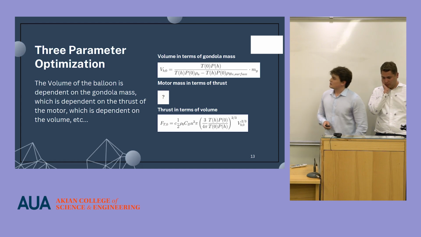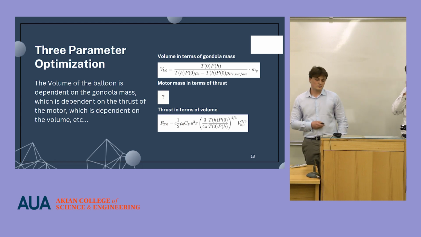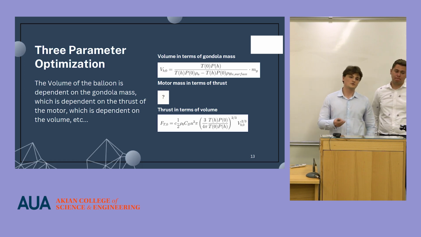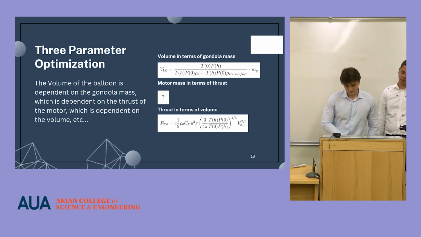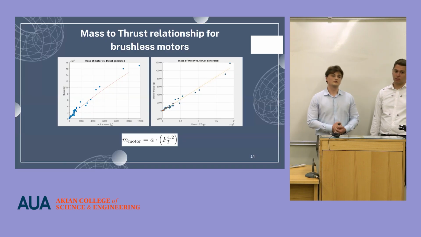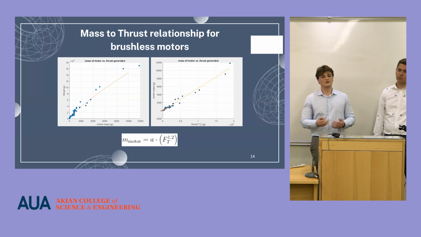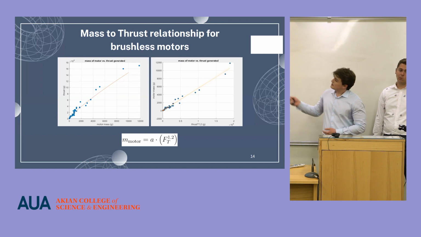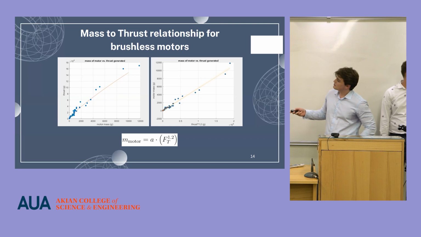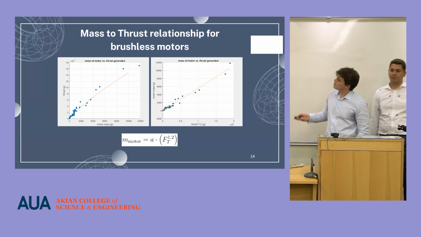However, there is another parameter, the motor mass in terms of thrust, which doesn't have a concrete equation attached to it. We decided to model this equation by using real-world motor data. On the left side, we can see the real data where each point is a different motor.